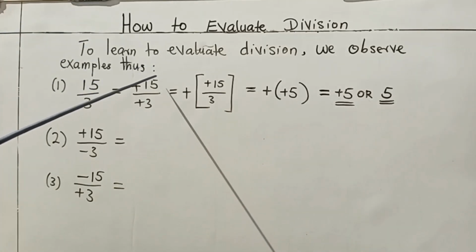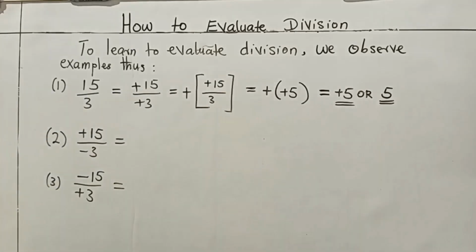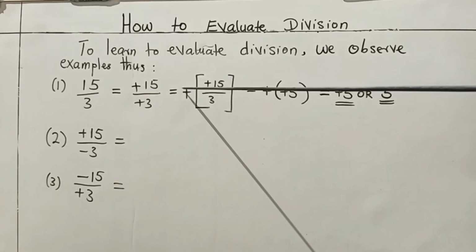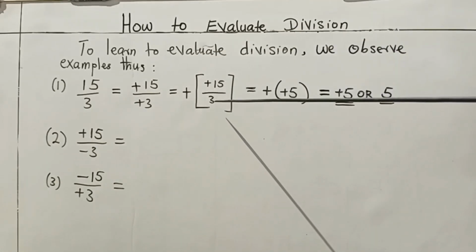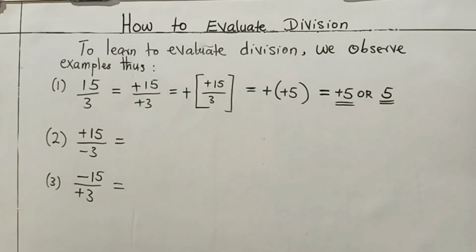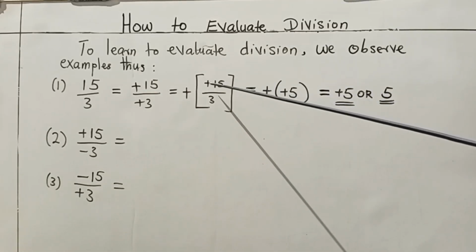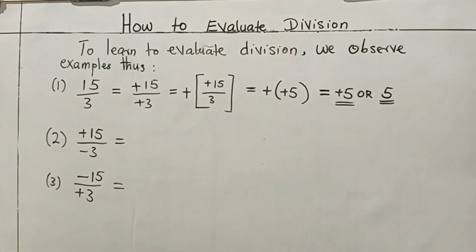Again, I hope you can see how this became this. Let's continue. From here also, we get this. Why? It is now time to interpret. Plus 15 over 3 simply means, what do you get if you break having 15 into 3 equal portions?